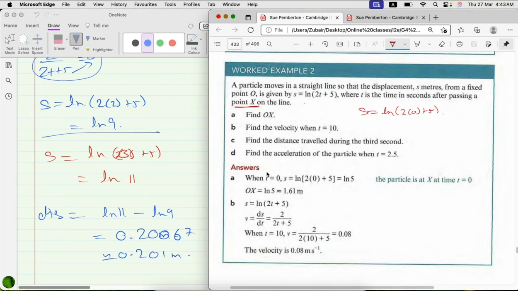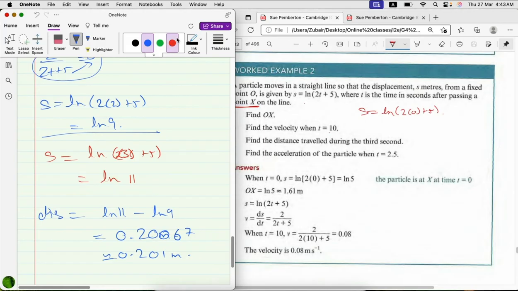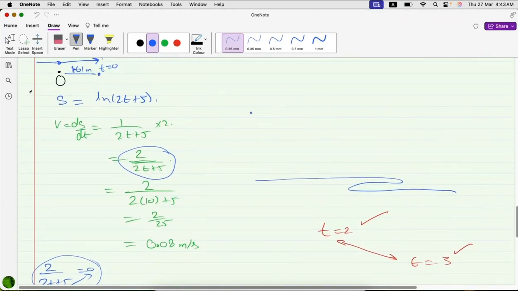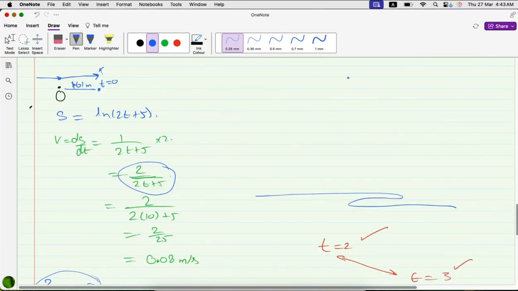D part. Find the acceleration of the particle when t is 2.5. So acceleration is the derivative of velocity. So this was displacement with time, velocity with time, and then acceleration with time.